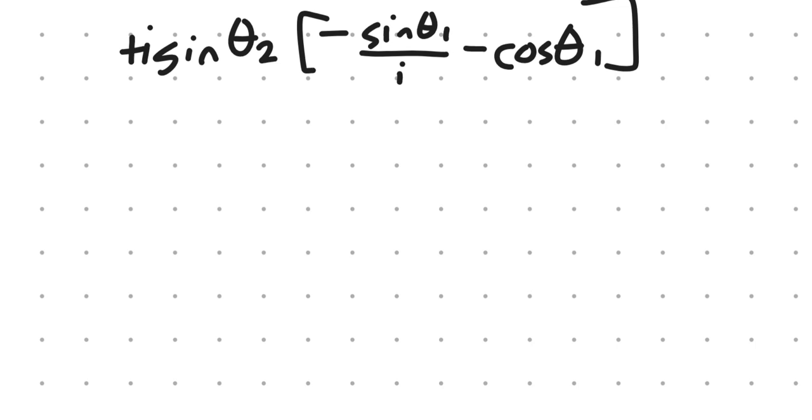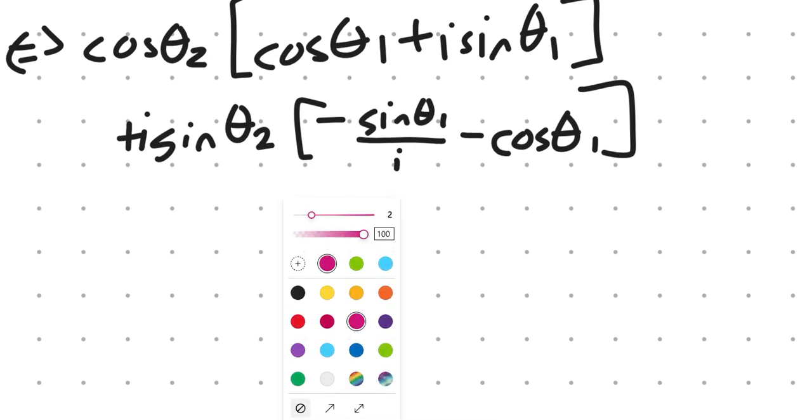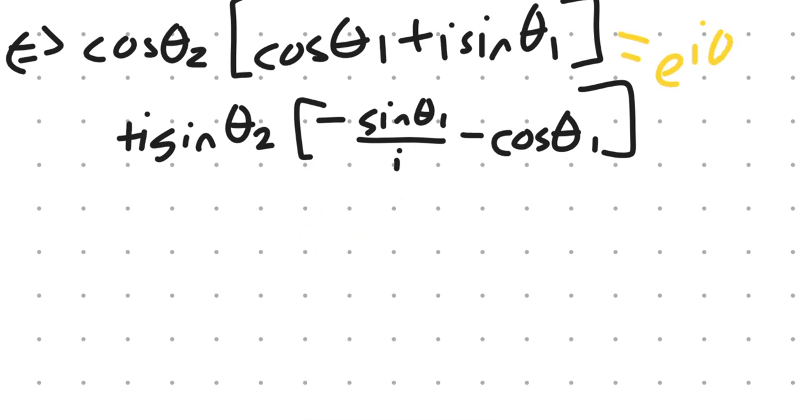Now what we're going to do is we're going to write it down as e to the i theta 1.